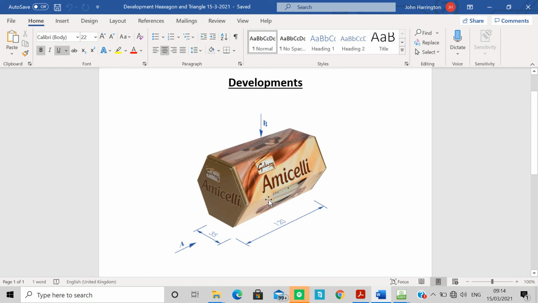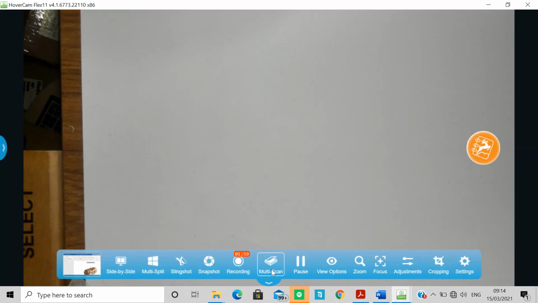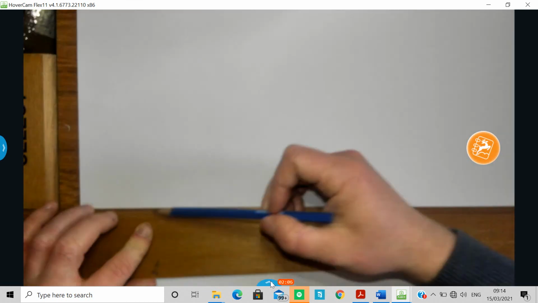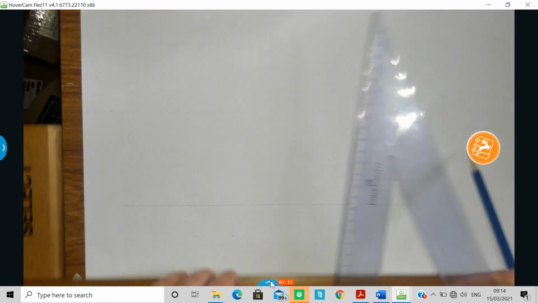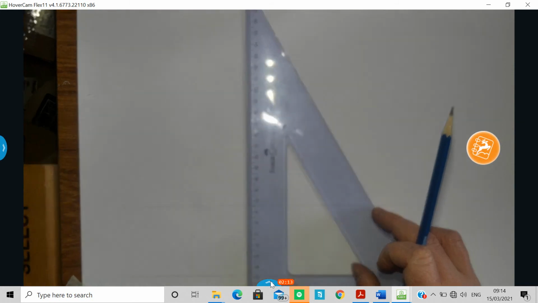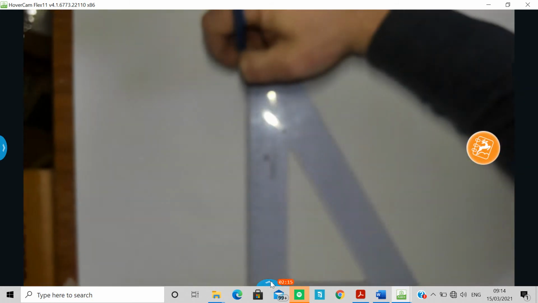So look, I'm going to start with an easy one. I know the base, the bottom of my object, is going to be a rectangle, and I know it's 35 by 120. So that's the first thing I'm going to draw. So measure your 120.